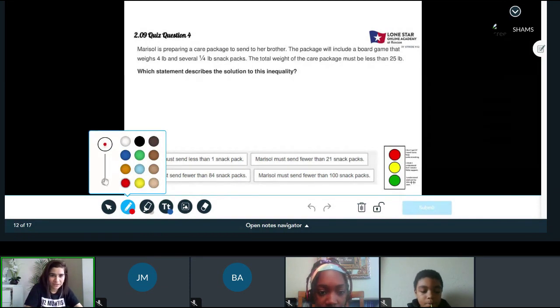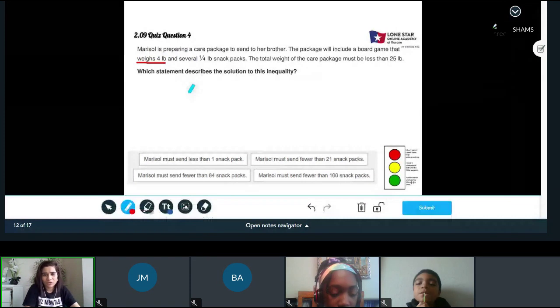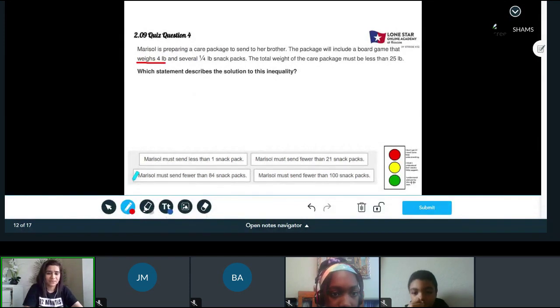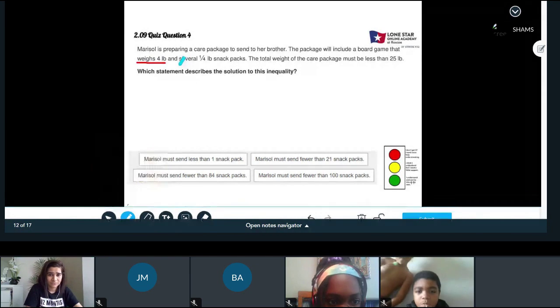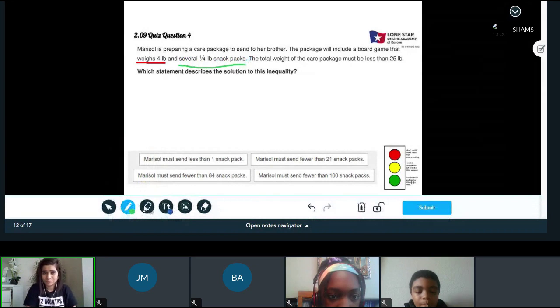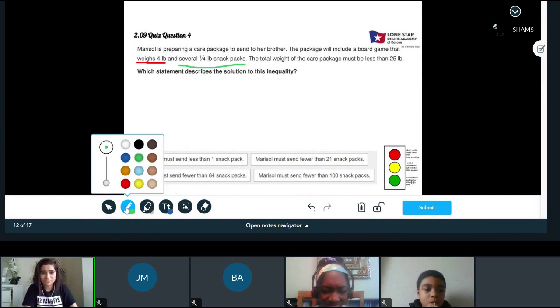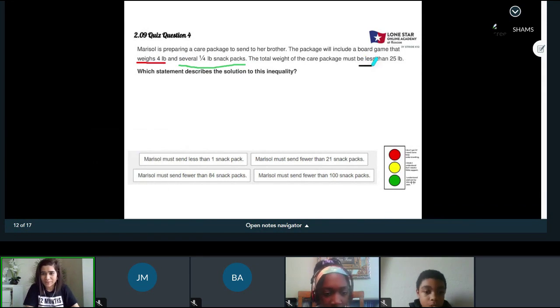We will also be highlighting the game weighs 4 pounds. And several 1/4 pound snack packs. Then there are several snack packs, and the snack packs weigh 1/4 pound, right? The total weight of the care package must be less than 25 pounds.